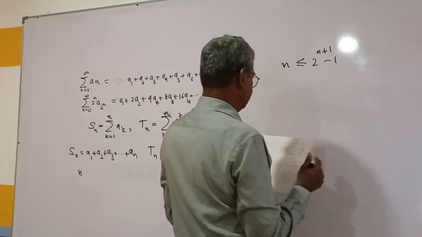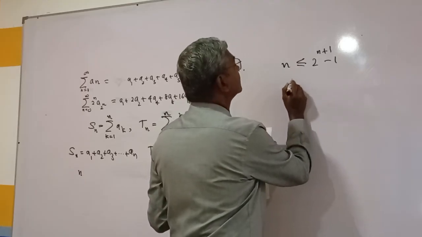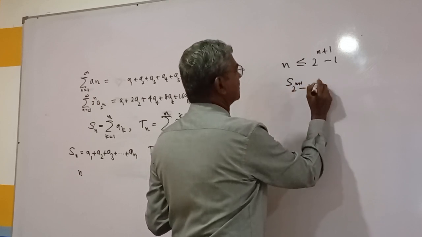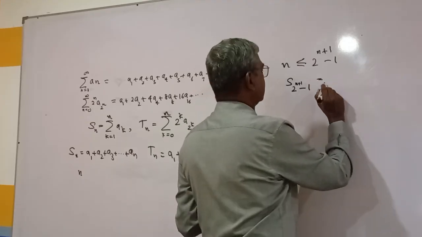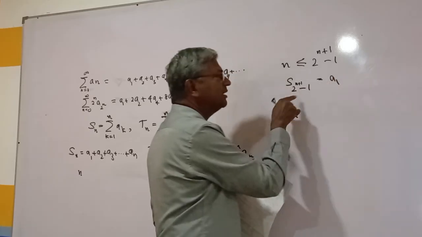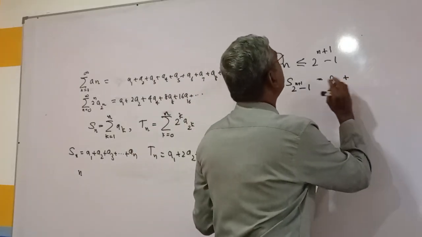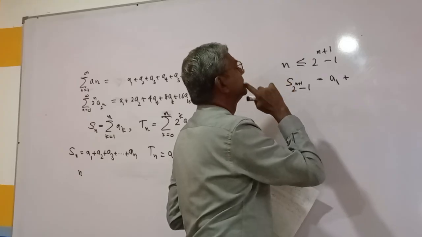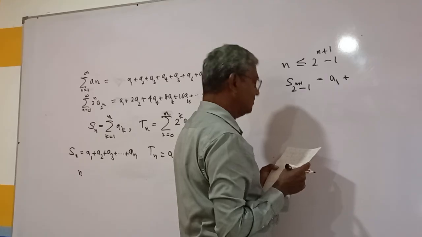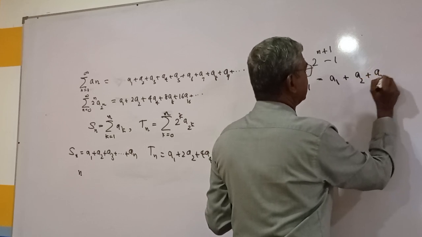So then S_{2^(n+1)-1} is, I am still talking about S, not T, A1 plus A2 plus A3.